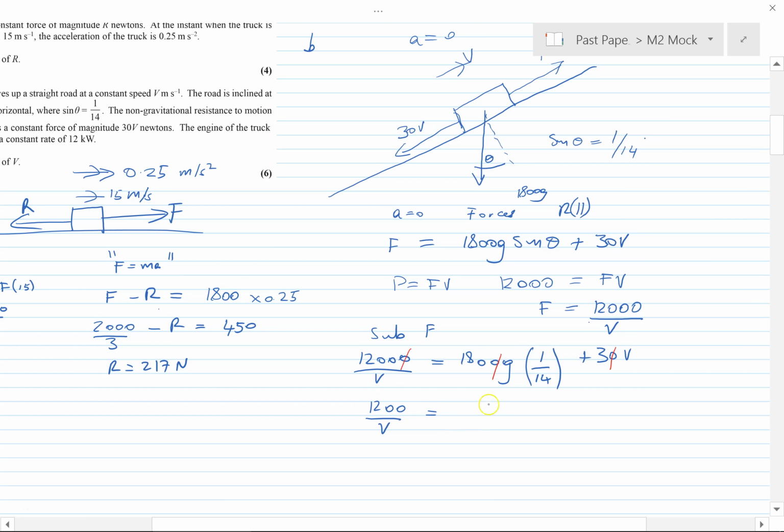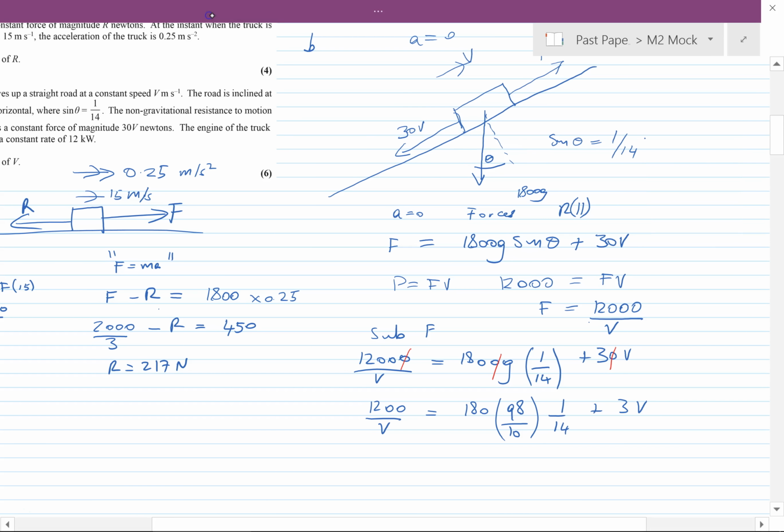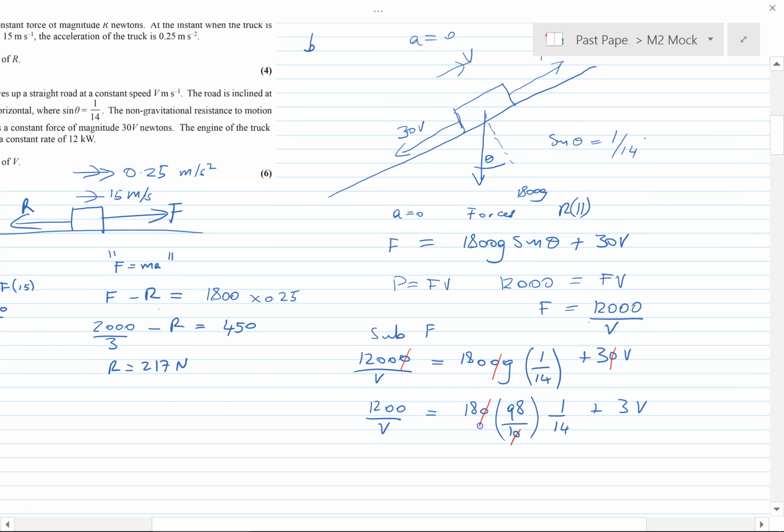The 0 goes off here. So that equals 1,800, let's call that 98 over 10, times 1 over 14, plus 3V. So now we've got a factor of 10 cancelling again, and the factor of 14 divides exactly into 98 by 7, I think.